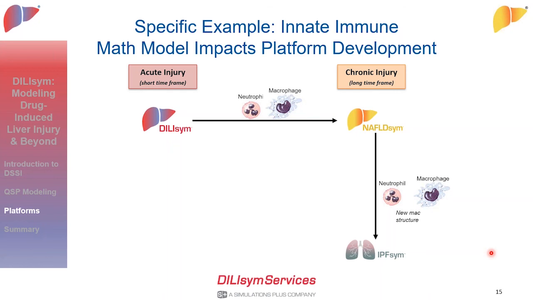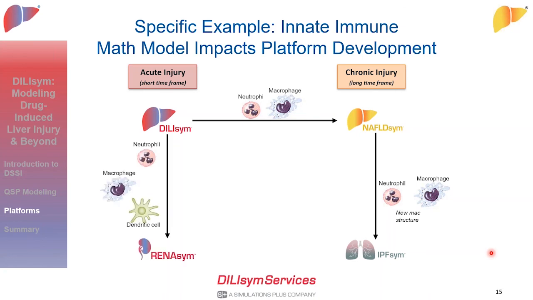So we had some of this incorporated, but there are macrophages that reside in a tissue, and then there are macrophages that are recruited from circulation in response to injury. And we did a little bit of restructuring when we were developing IPF-Sim. So then we could take that structure, ultimately, and bring it back in the acute injury phase.